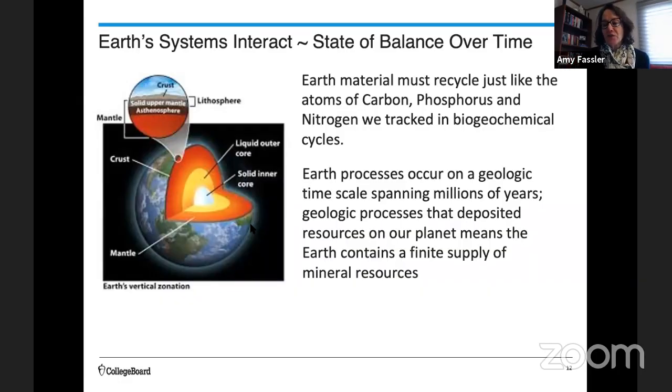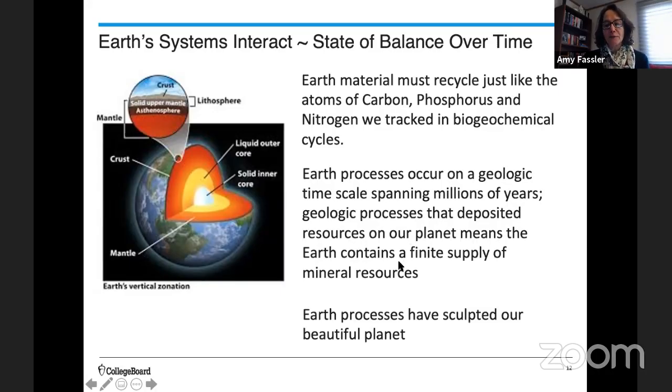And it helps us visualize or get an idea of where we might locate mineral resources or deposits on our planet. And that idea we're going to take into a future unit on mining resources and how we locate minerals that we mine, the techniques that we use to get them out of the ground. And remember that overarching idea that these are non-renewable resources that, because of the span of time it takes to form them, are present on our Earth in a finite amount.